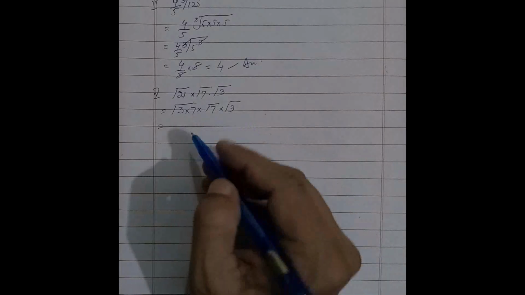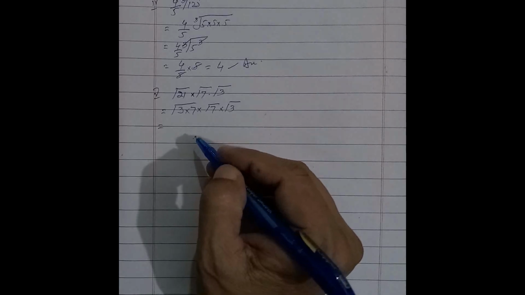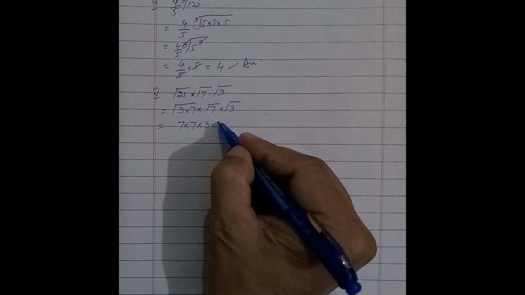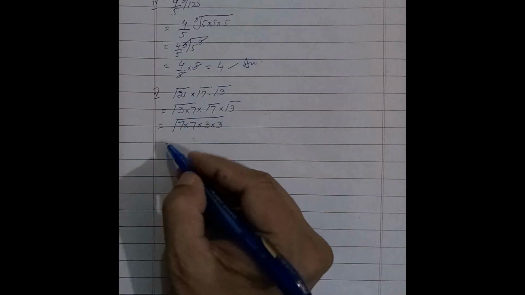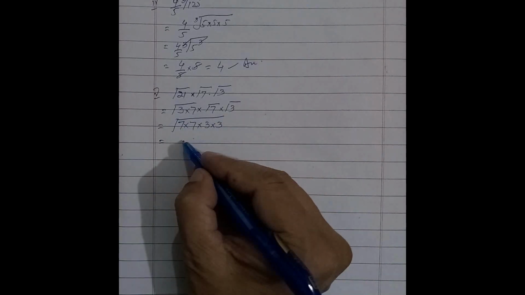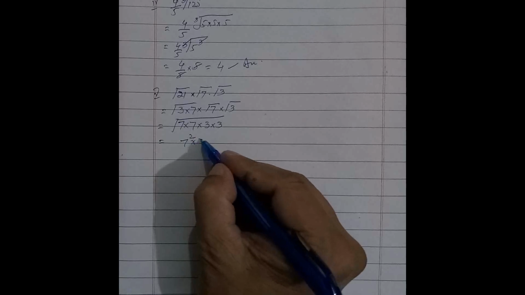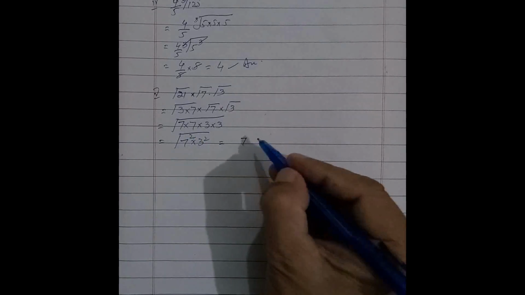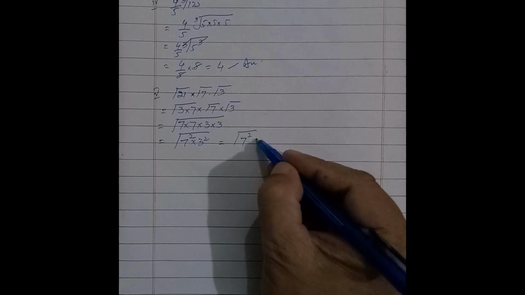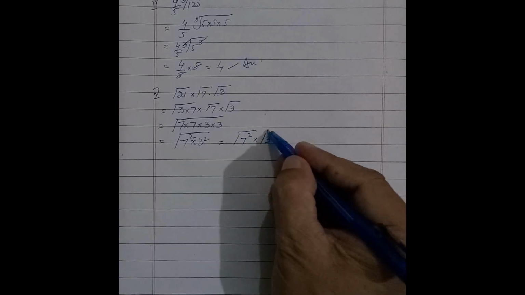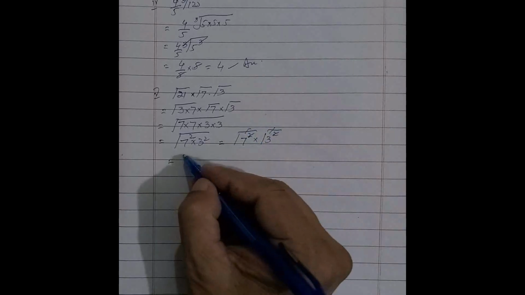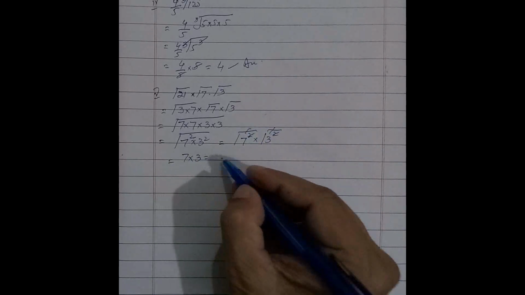So we write in one square root 7 multiplied by 7 multiplied by 3 multiplied by 3, and we write it as square root of 7 square multiplied by 3 square, and we write them individually, square root of 7 square multiplied by square root of 3 square, and the square root and square cancel each other. We have 7 multiplied by 3, which is equal to 21.